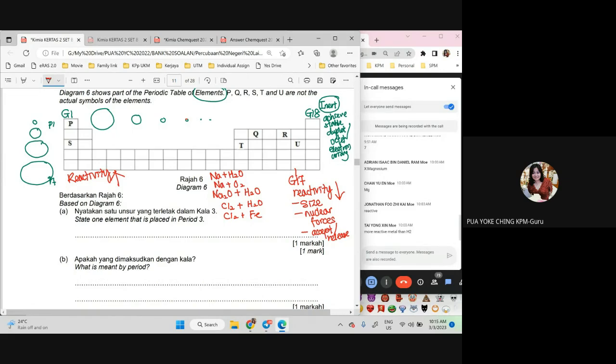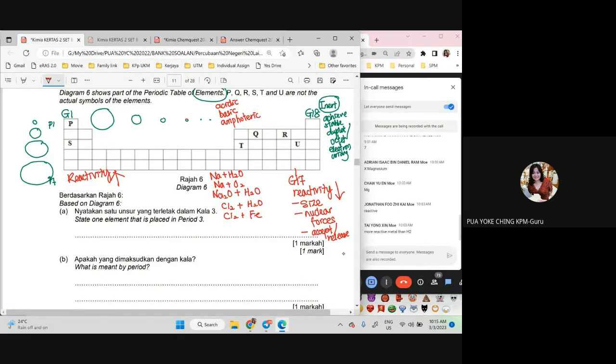Okay, but the rest, the reactivity kena ingat, and then the properties of the transition element. Okay, ciri-ciri logam peralihan. And the last one adalah your oxide. You ada acidic oxide, you have basic oxide, and then you have amphoteric oxide.